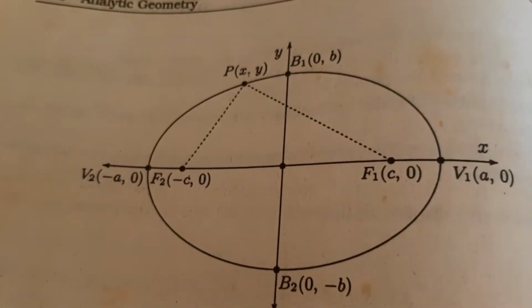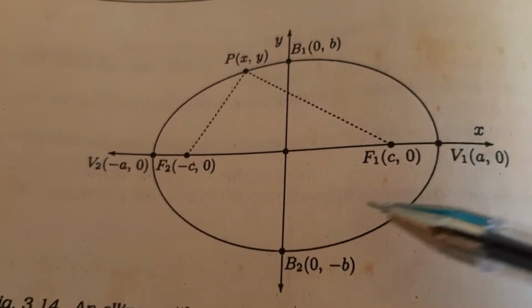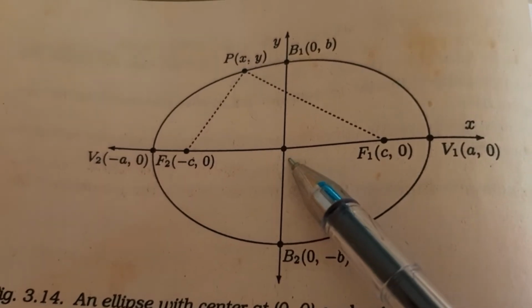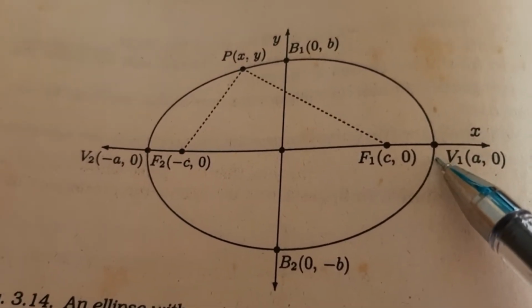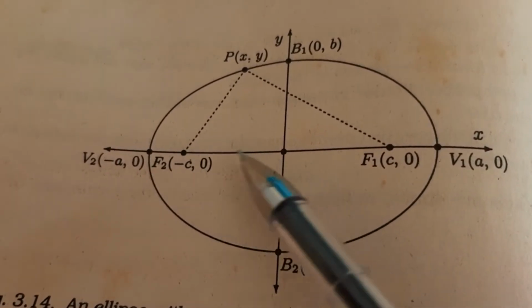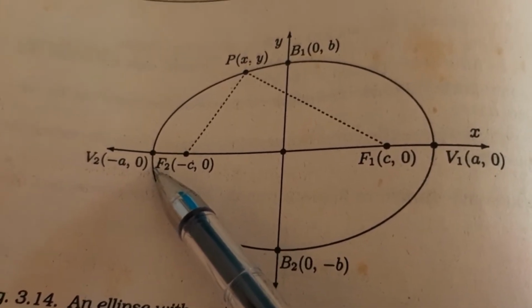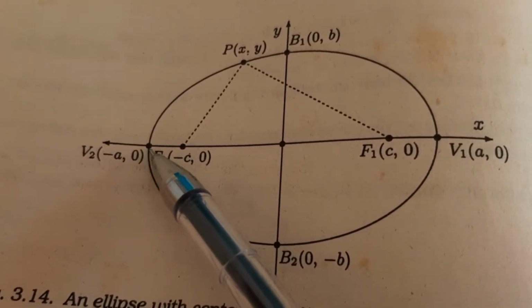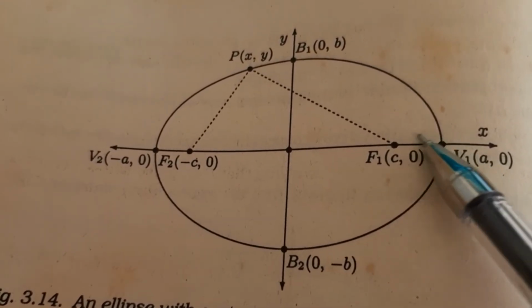Sa distance. So, the distance from the origin to the vertex is a. And the distance from the origin to another vertex is a also. So, therefore, the distance on this principal axis is equal to 2a.